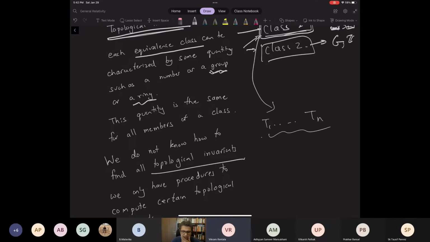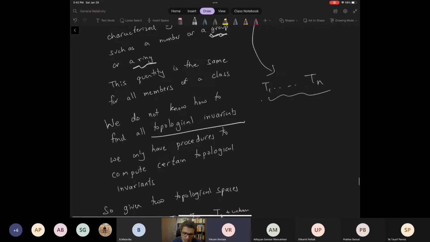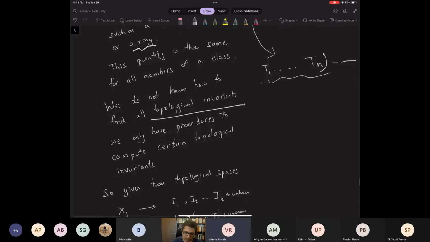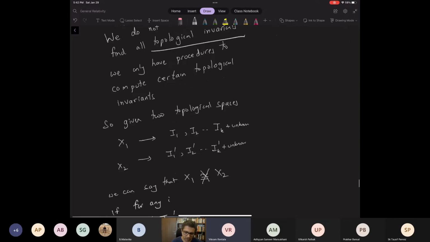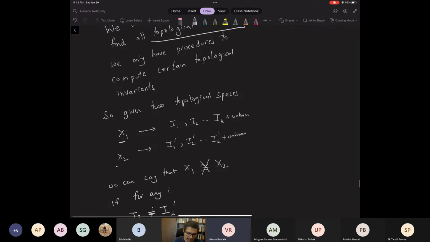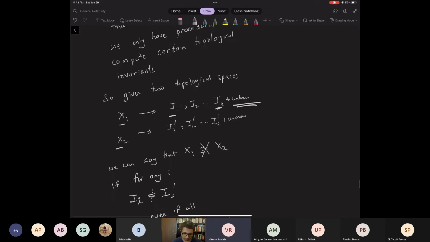These could be groups or they could be integers. Now we don't know what the full list of topological invariants is. We only know a partial list. So given 2 topological spaces x1 and x2, we know how to compute some invariants up to some k, let's say, but there might be many other unknown topological invariants which we don't know.